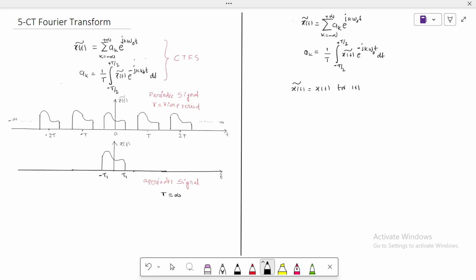This is T by 2, and this is minus T by 2. This is 0 outside of the interval.